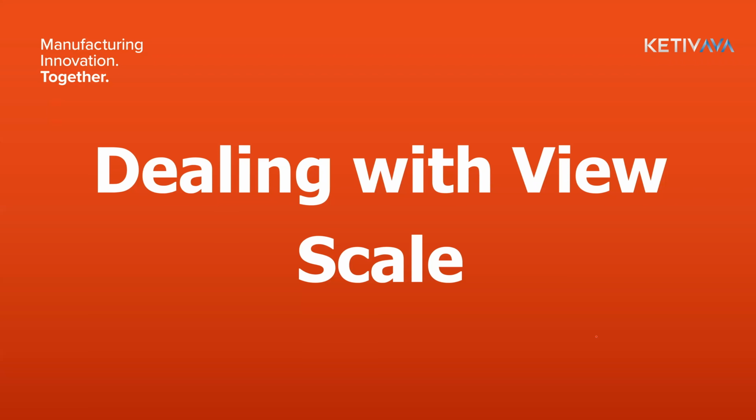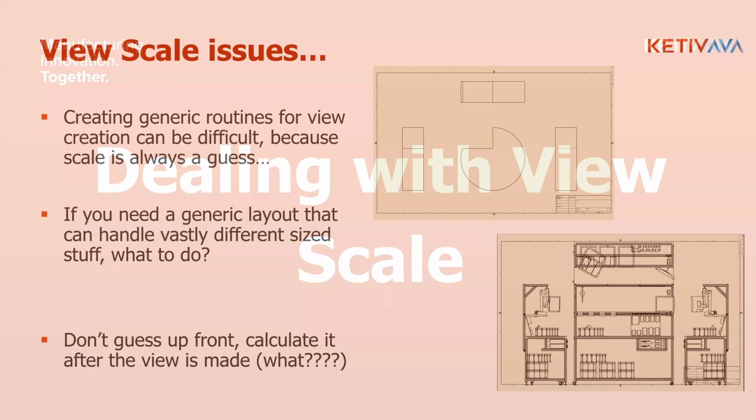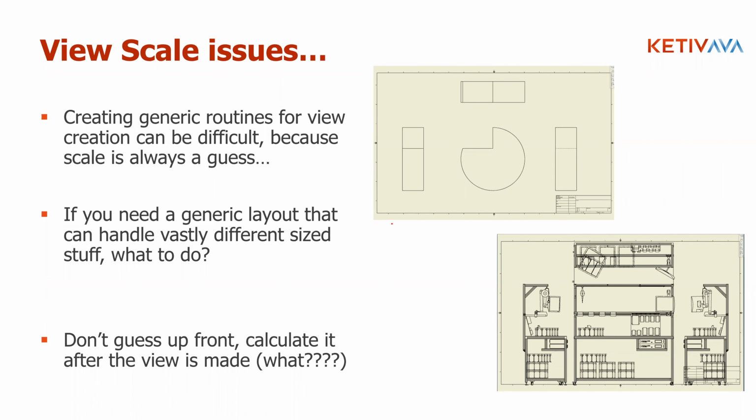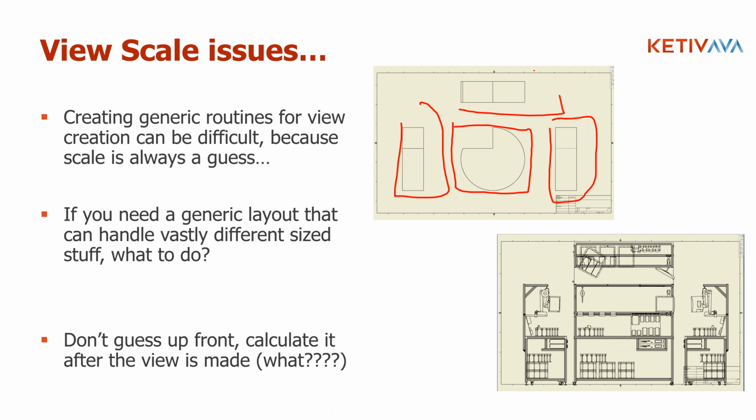The last thing we'll be talking about is dealing with the view scale. So think of it this way: I am tasked with creating some generic drawing automation routines. These routines are going to create a sheet with four views on it: front, two sides, and a top view. And I have to use this for a lot of stuff that could be of various sizes.